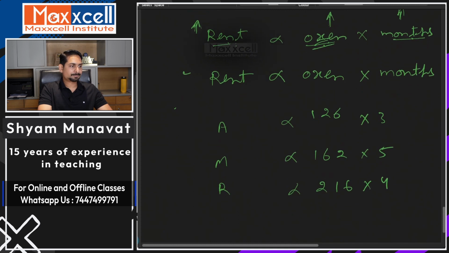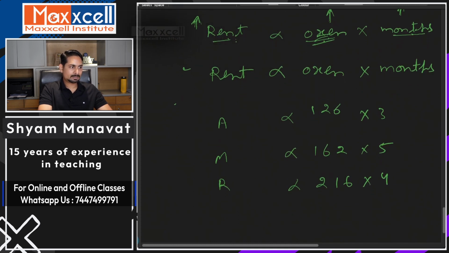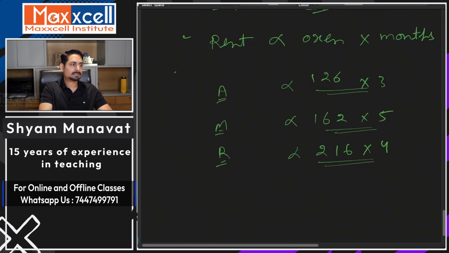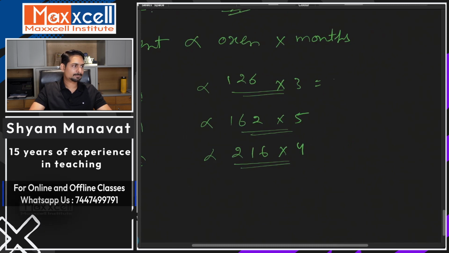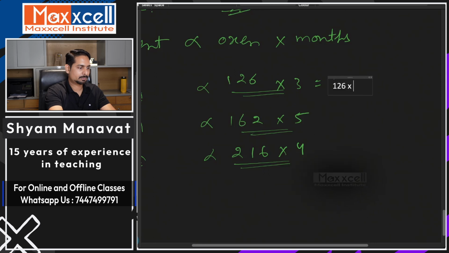So this will be the rent sharing as per the relationship which we got, right? So as per that, what's the product? Let me calculate the product here. 126 into 3 will get you 378.